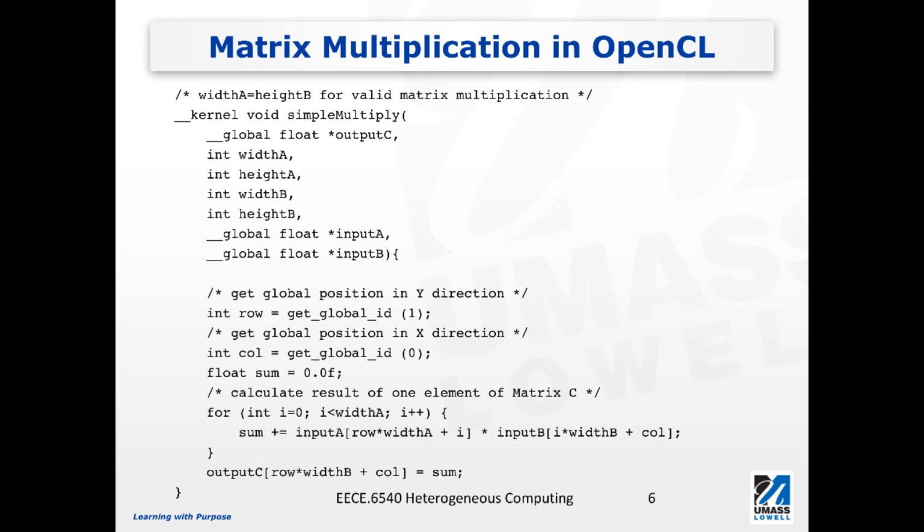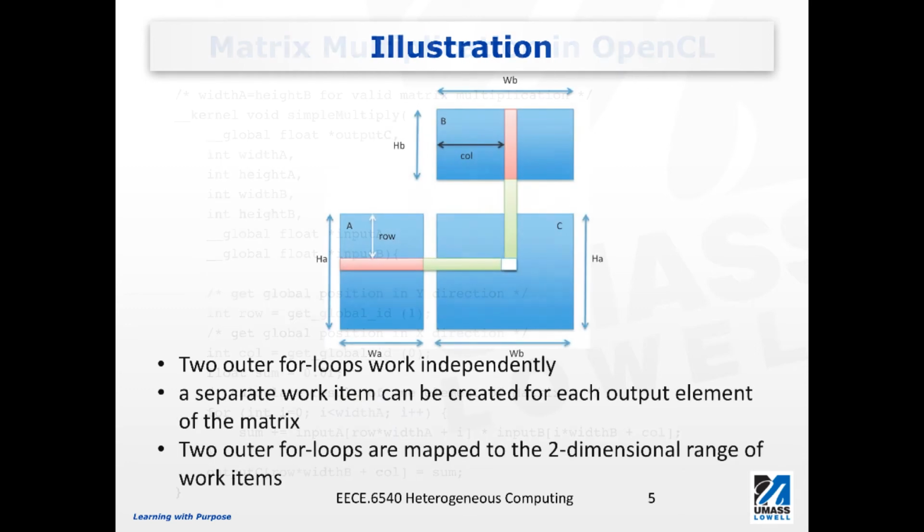If we go back to the previous slide, we know that the single work item calculates the element of C at coordinates I and J, and the way we calculate it is to use the row vector and the column vector and do the dot product.